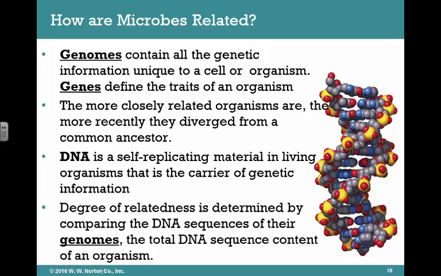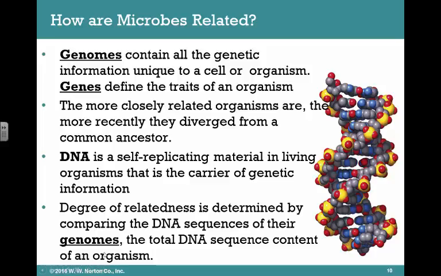If the sequence is very similar, then those organisms are more closely related than if the pattern of these nucleotides is very different. The way that we determine that is by sequencing the DNA, or kind of reading that code in order, by doing DNA sequencing.